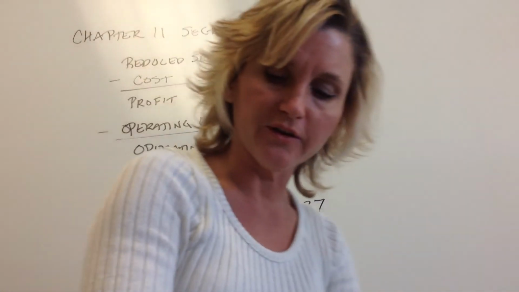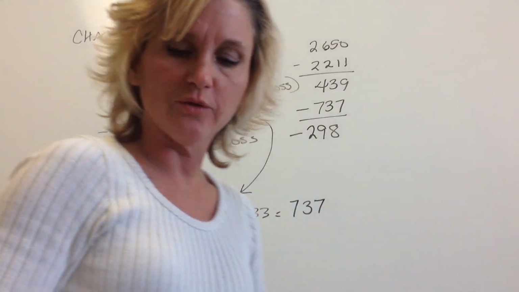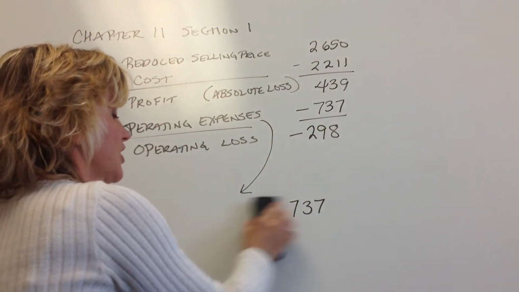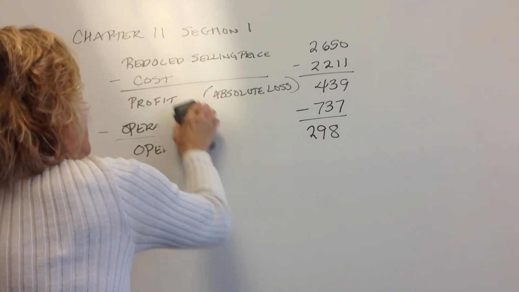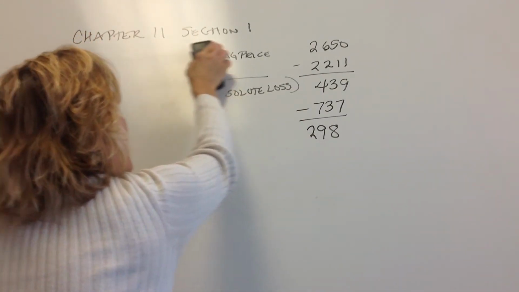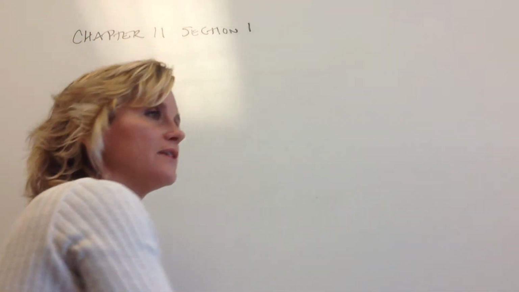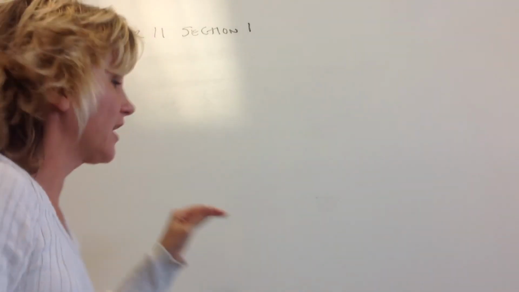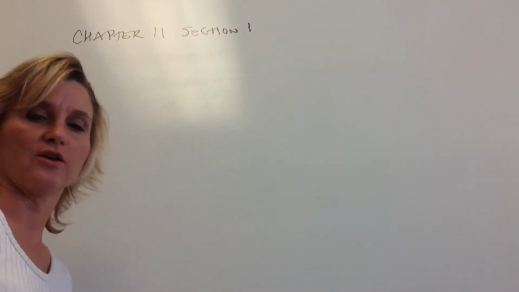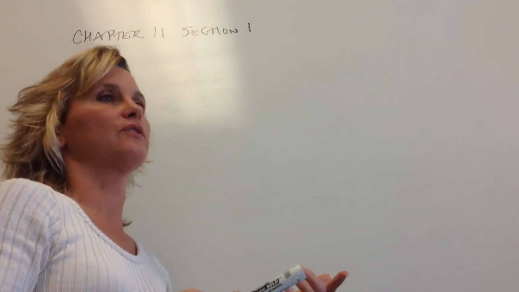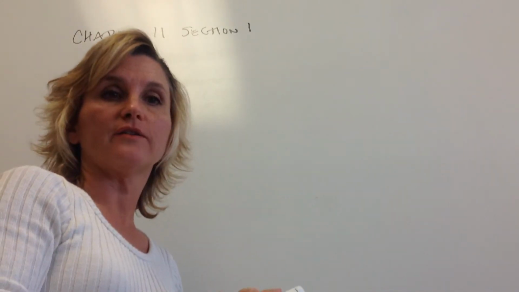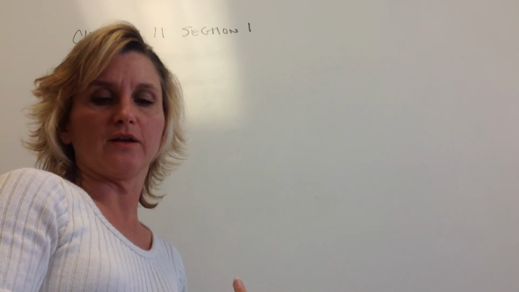Okay, then the third and final computation that we do in this section of the chapter says, okay, if we know we have to mark down a product, how much can we mark it down without taking that operating loss? So without having that go negative. So what that's saying is we want to cover our cost and we want to cover those operating expenses.